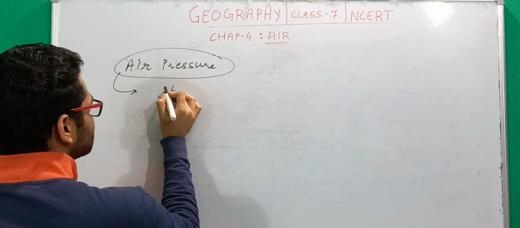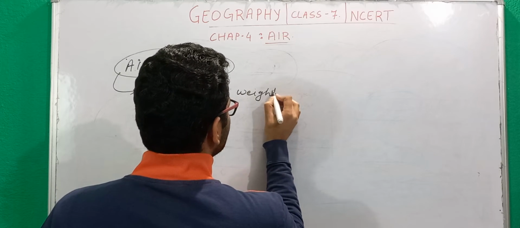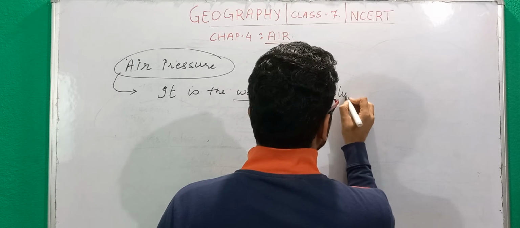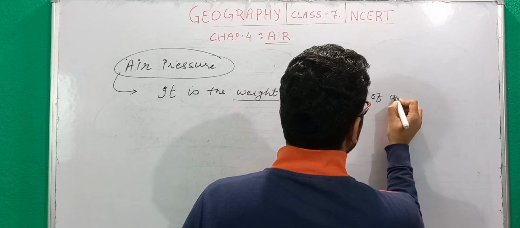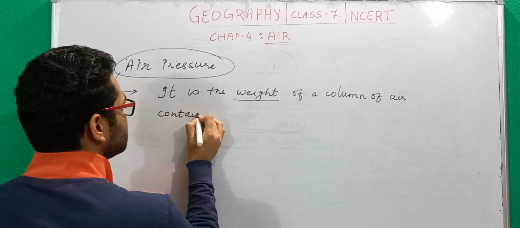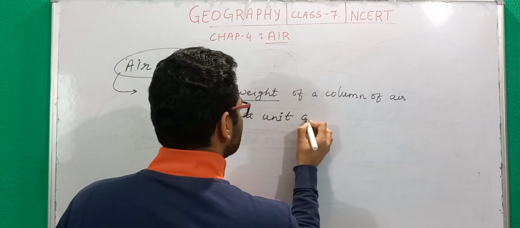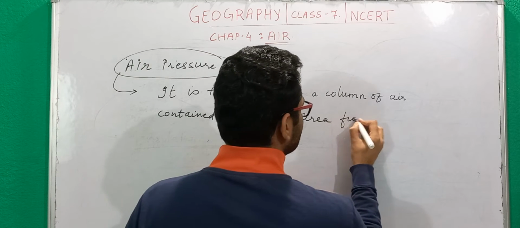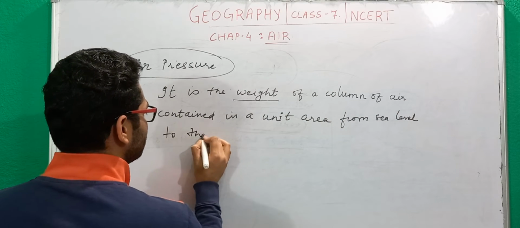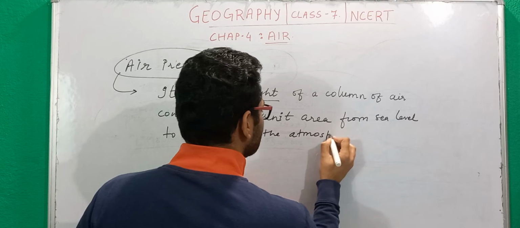When we say air pressure, it is basically the weight of, so underline this, a column of air contained in a unit area from sea level to the top of the atmosphere, right?